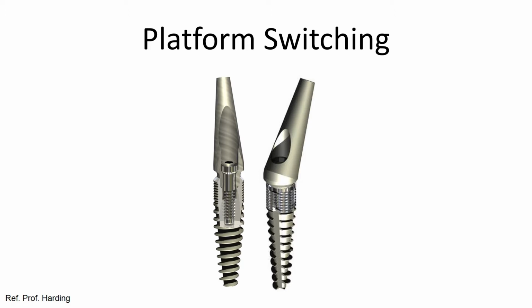There are means and methods for different systems to establish this, but as I say, the majority of them establish it by having an abutment which is slightly smaller than the diameter of the implant. Others try to establish it by having this circular recess between the abutment and the implant.